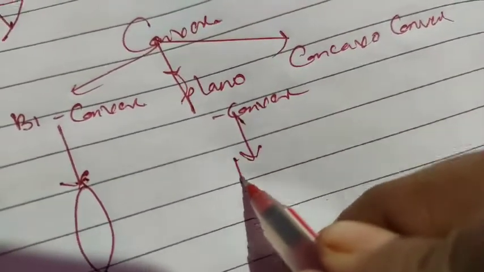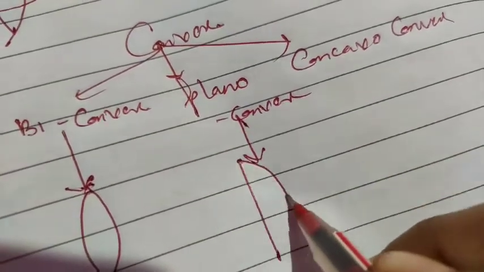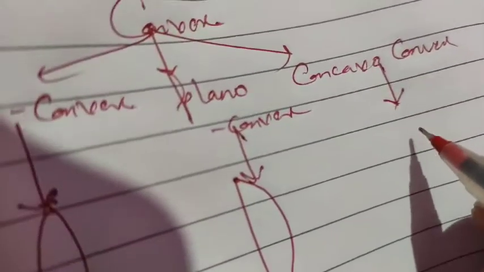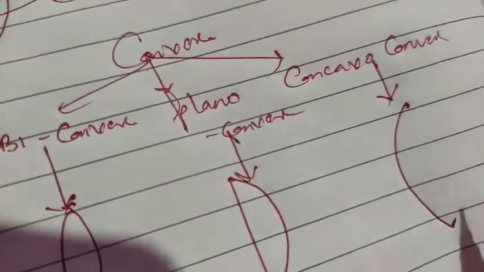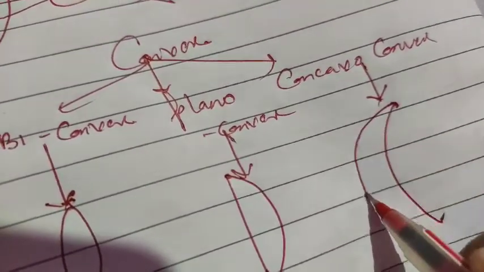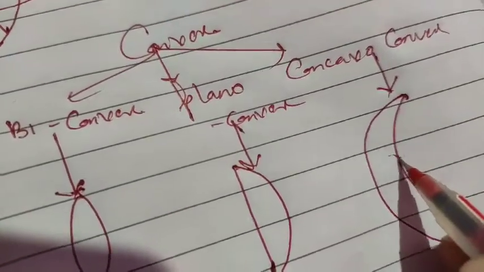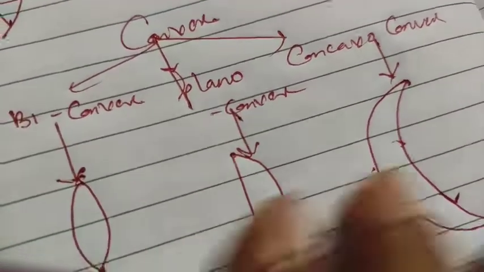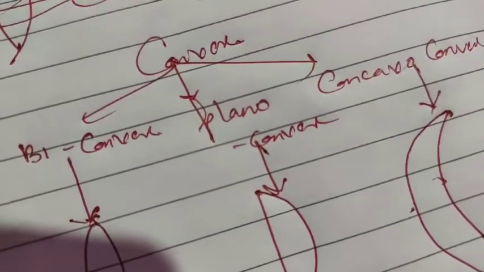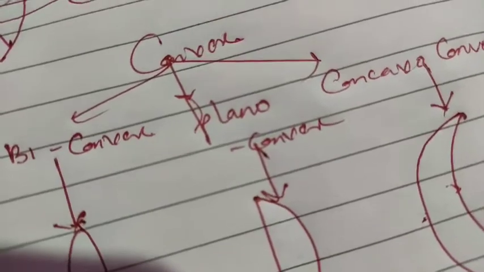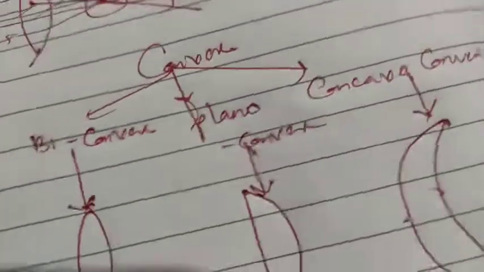Plano, as the name suggests, has one plane surface and another outer bulging surface. And third is, student, one curved interior part and another bulging convex part. So you can take this as the concave part and this as the convex part. So this is the structure of a concavo-convex lens.